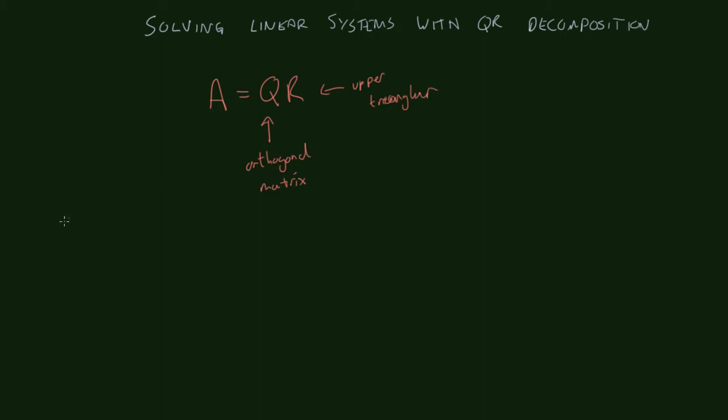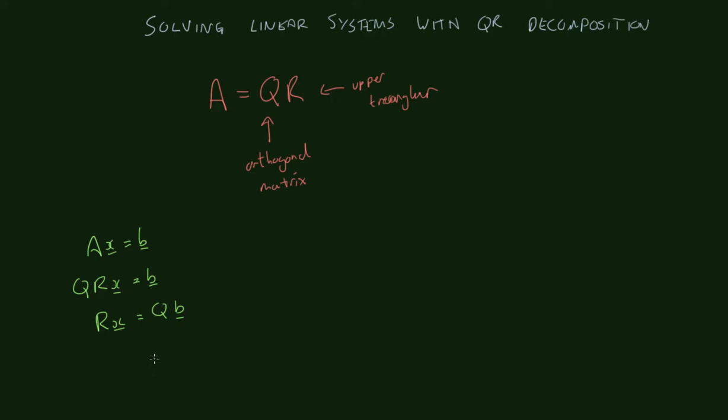If we wanted to solve a system of the form Ax equals b, that's our standard linear system, and we rewrite A as QR, we get QRx equals b. If we invert Q on both sides, we can write Rx equals Q inverse b.